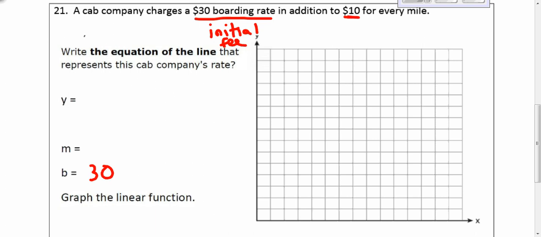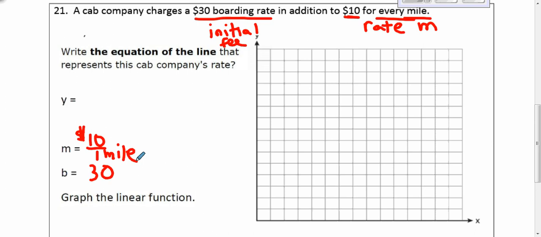In addition to that, it's $10 for every mile, and $10 for every mile, that's the slope. This is the rate, which is M. M is 10, and I'm going to put it over 1. All right, it's $10 every 1 mile.